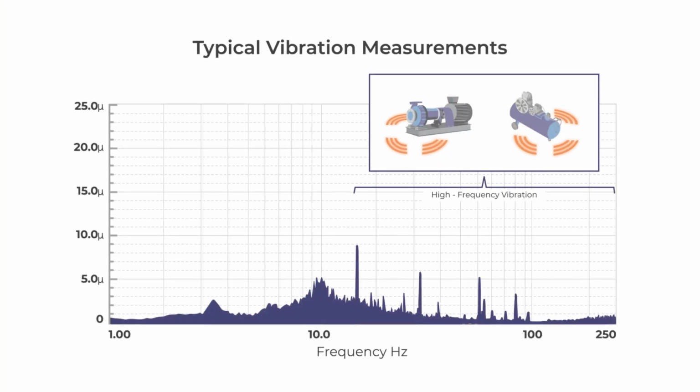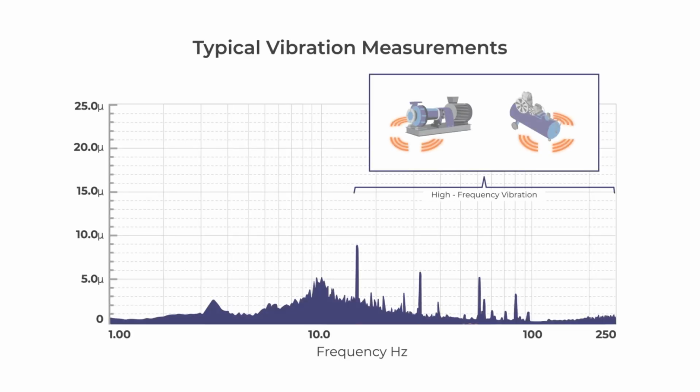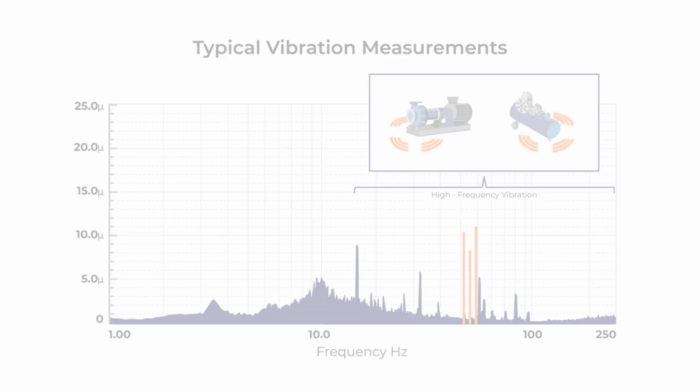Here in the US, we operate off 60 hertz motors, so we almost always see vibration just below 60 hertz because of this 60 hertz drive frequency. The reason it's just below 60 hertz is motor slip, but it's a very common frequency and is almost always apparent in the data.